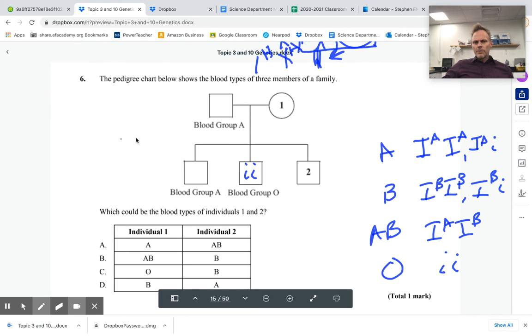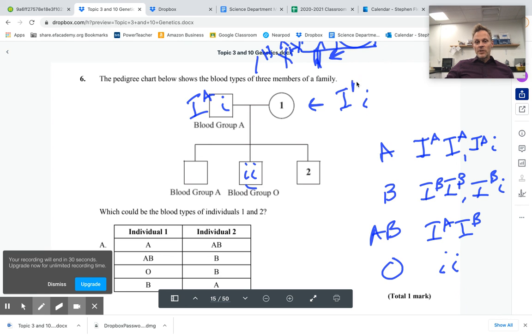But what about blood group A? Because we're not sure if it's this or if it's heterozygous. However, if we have a child from this father, if we have a child that has an i, it must be heterozygous because one of those went in there to make that child with i. Also, we know in this individual here, one of the alleles has to be an I. So it could either be an IA or an IB.